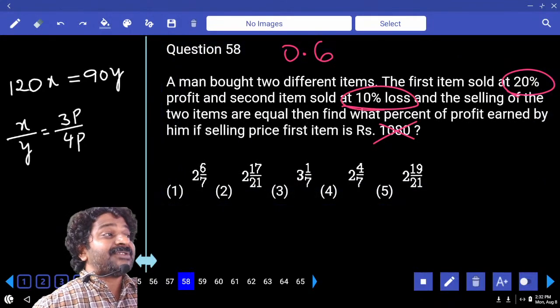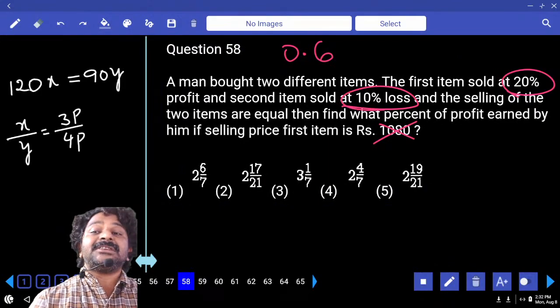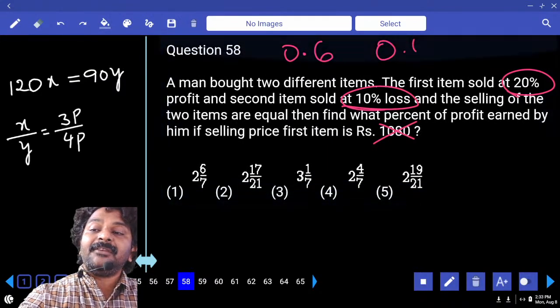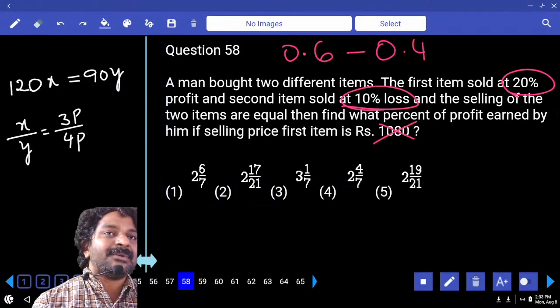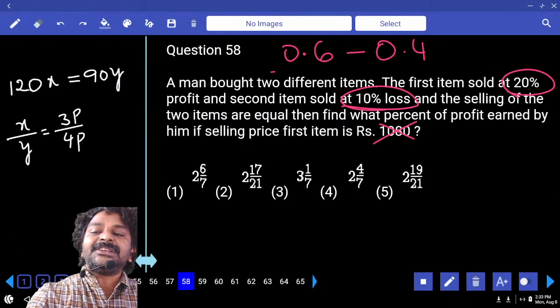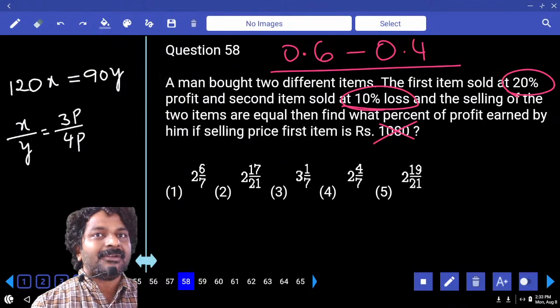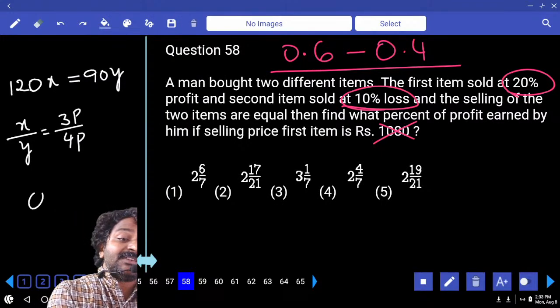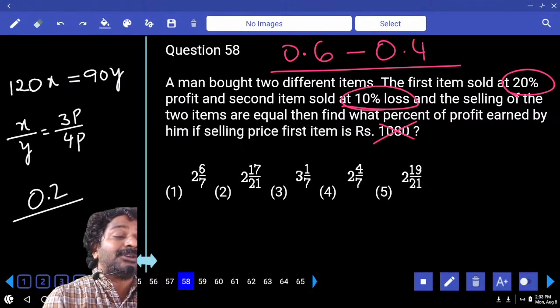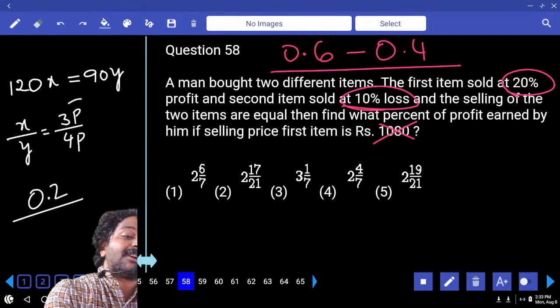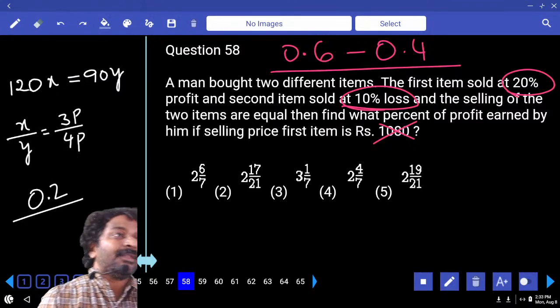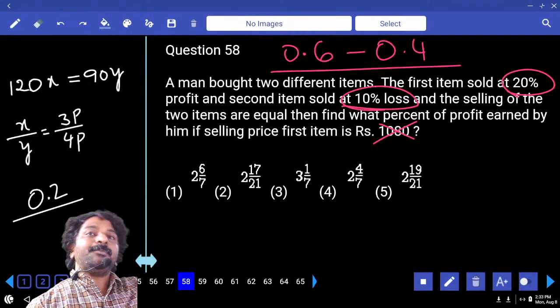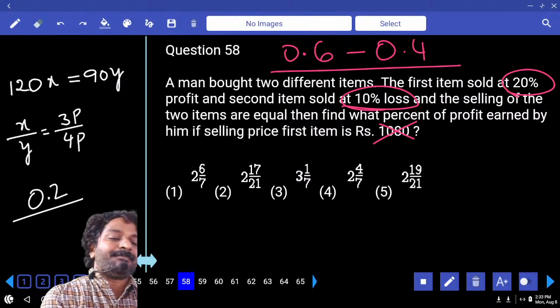On the second item there is a loss of 10%. What is the cost price of the second item? 4 parts. 10% is 0.4. It is a loss, so it has to be minus only. Finally, what is made? Profit only. How much? 0.2 profit. By selling both items, the cost price is equal to 7 parts only. In the numerator 0.2 part, in the denominator 7 parts.